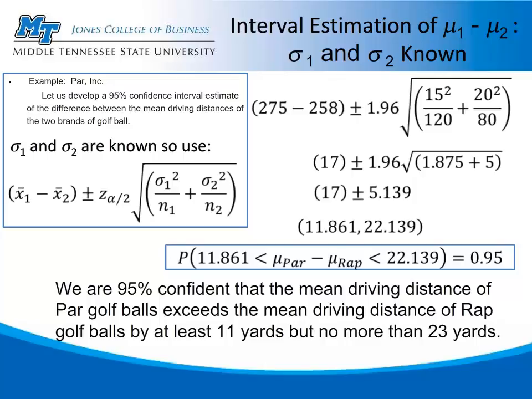Now, what I put in the little box where I put probability, the probability that that lower bound is less than, ordinarily you would see this written as mu1 minus mu2. But because par and wrap are fairly small designators of the group, I just put those in there as subscripts.